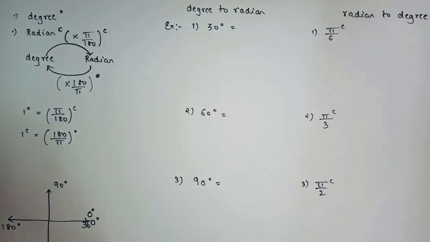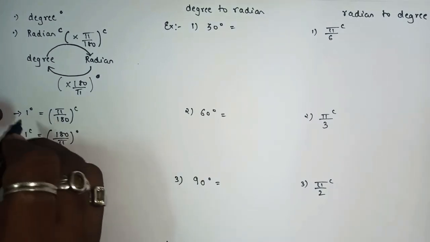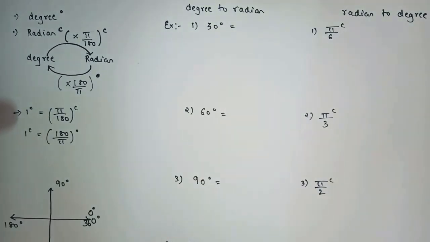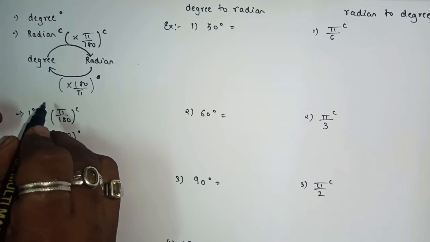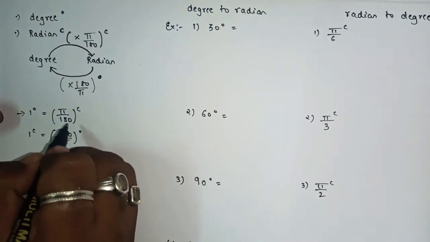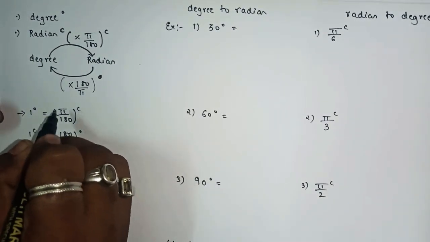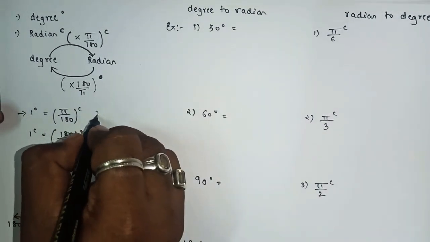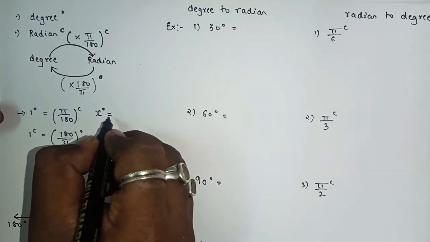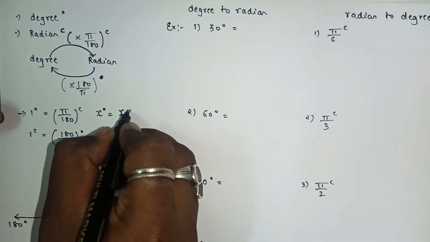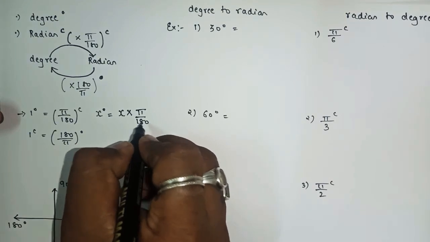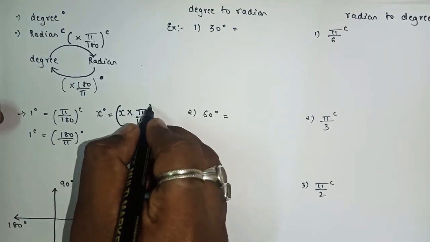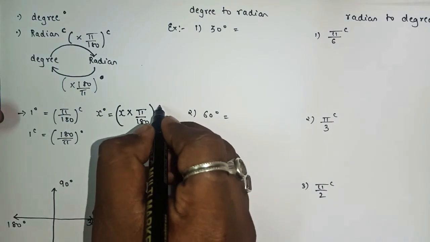So here we have the formula. 1 degree is what? Pi by 180 radian. That means, in simple language, as you want to convert degree into radian, you will multiply the number, that term, by pi by 180. Suppose you want to find the answer for x degree, you will simply multiply that term by pi by 180, and that degree will get converted into what?